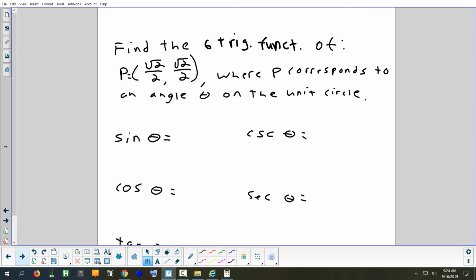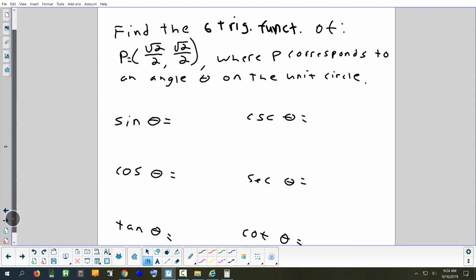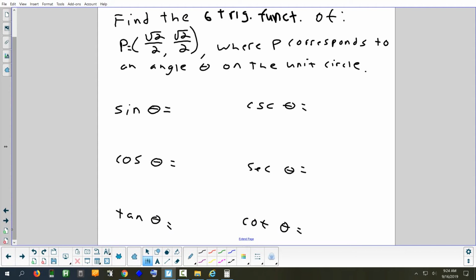Yeah? 45 degrees. Yeah, it is. That's the coordinate for a 45-degree angle. You don't need to know that to do the problem, but it is. So what we're really doing is finding all 6 trig functions for a 45-degree angle, but we're going to pretend we don't know it's a 45-degree angle.